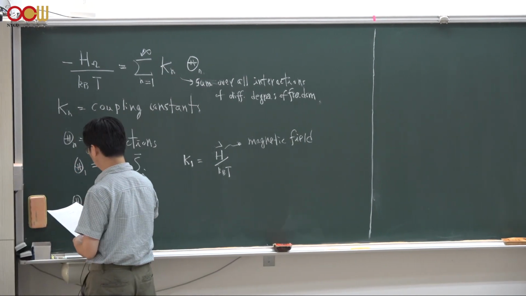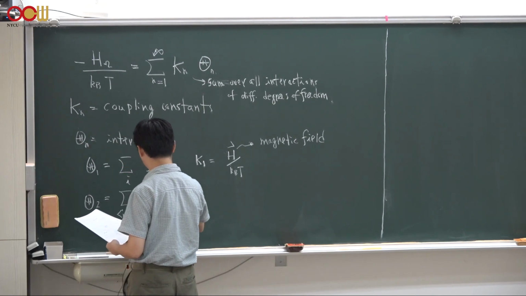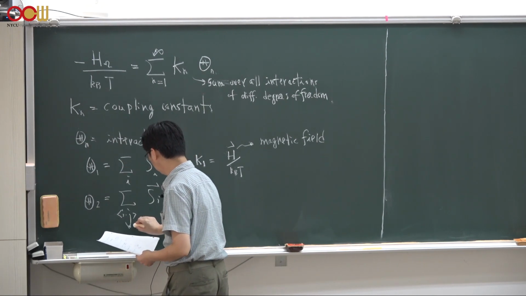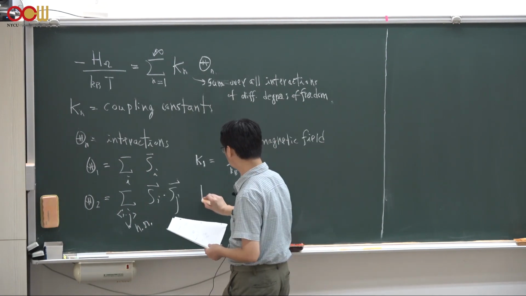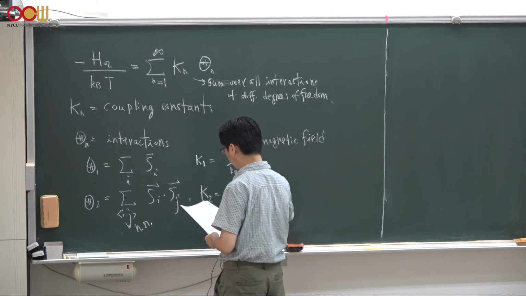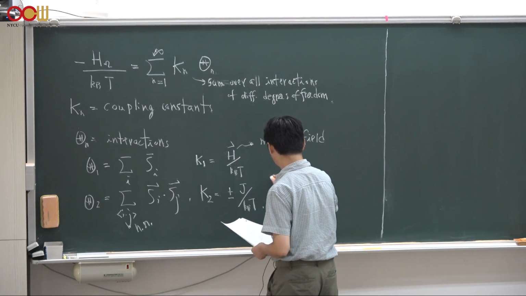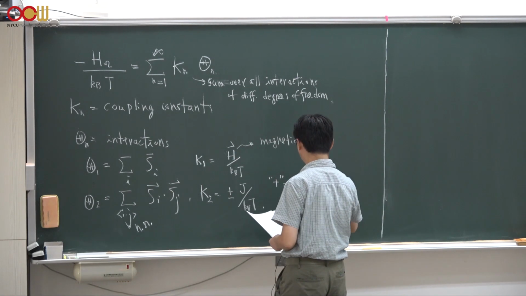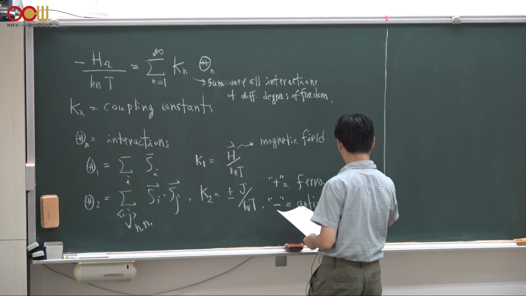And theta_2 describes the spin-spin exchange coupling between neighboring spins. So i and j refer to these nearest neighbor sites, and the coupling constant K_2 is given by either plus or minus a coupling constant J divided by k_B T. The sign plus refers to the ferromagnetic coupling, and minus refers to the antiferromagnetic.